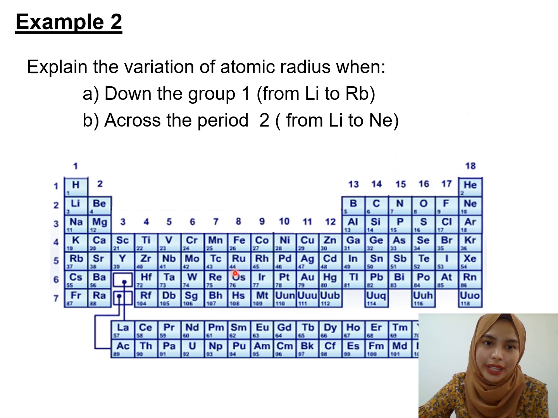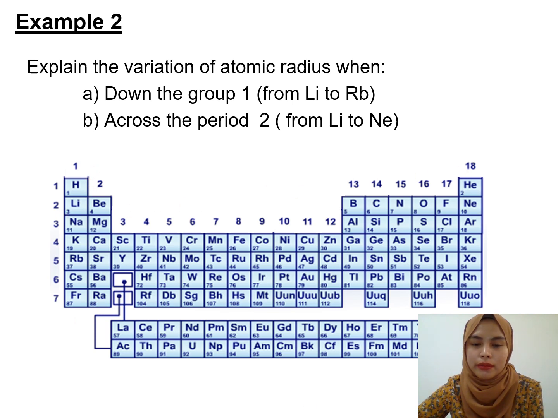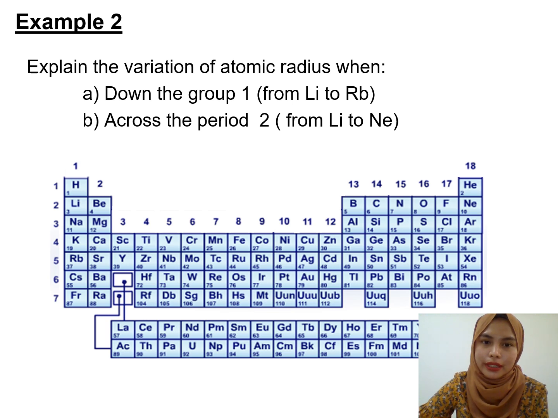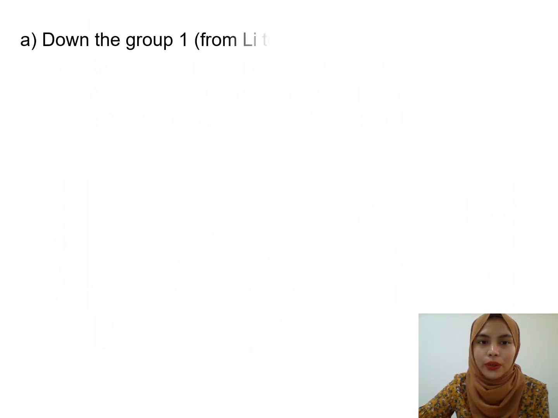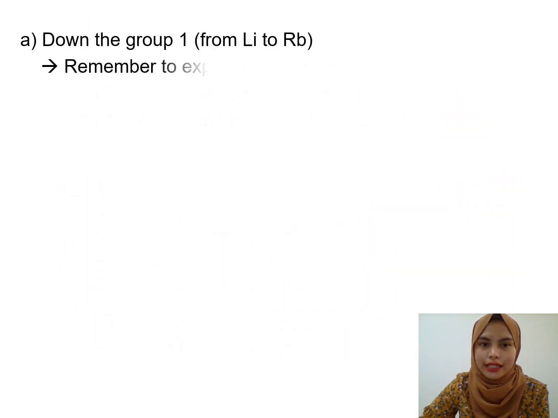Next is how you explain the variation of atomic radius when down group 1 and also across period 2. Okay, kalau down the group, ingatlah NSAS. Kalau across the period, ingatlah pizzas. Okay, so kalau going down the group, ingatlah NSAS.